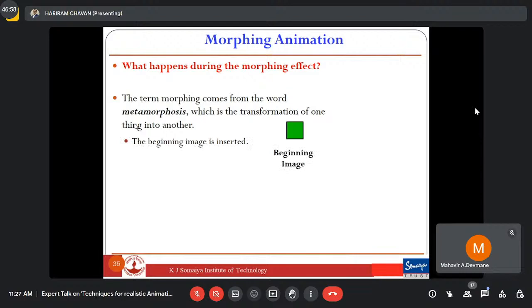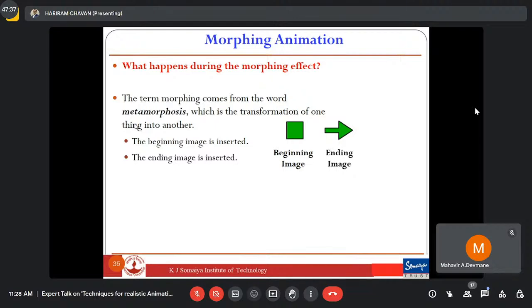Now, I think you might have observed, the one which I talked about in between is related to the morphing effect. So, when you have a particular graphics primitive, for example, if the beginning shape is something like this, which is a rectangle, or rather I'll say a square, and the end shape which you expect is something like this, which is shown here as an arrow, then how you can go from the beginning image to the end image, how you will change it over a period of time in the sequence of images which you would like to convert.